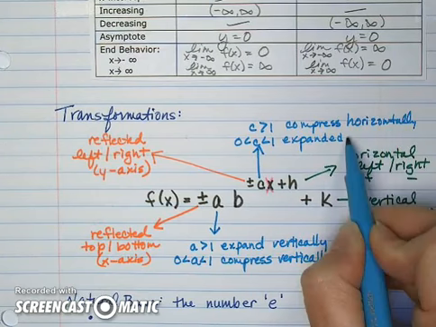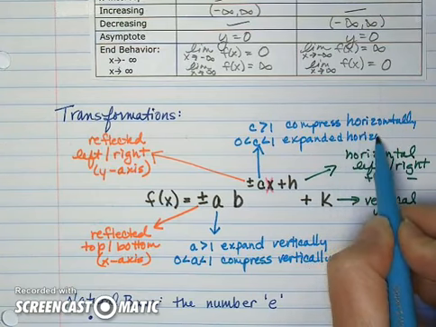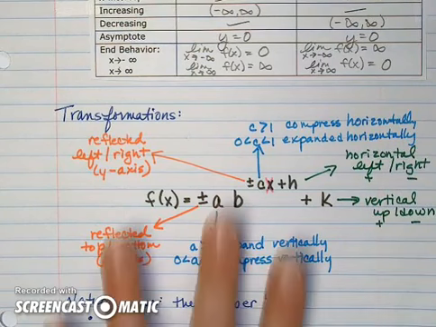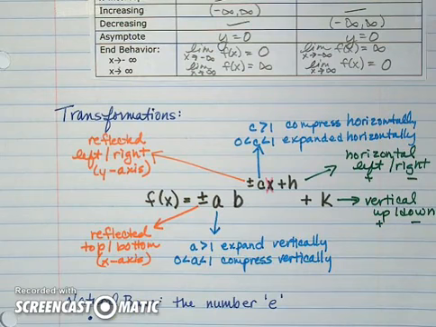The more you memorize the changes here, because they will apply to all the graphs we're going to do, even when we get into trig. So you really need to memorize how it's being shifted.